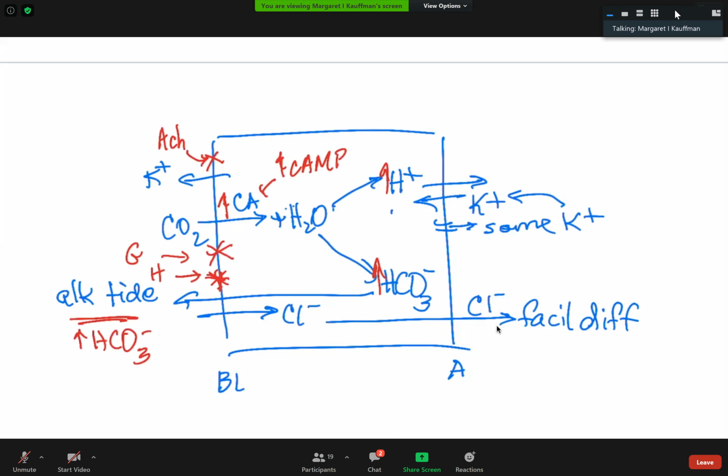So that bicarbonate is going to be used, as you'll see later, by the liver, and for that matter, the duodenum and the pancreas also contribute. But the liver is going to be adding that to bile, because we're going to need it to eventually, in the duodenum, help neutralize the stomach acid.